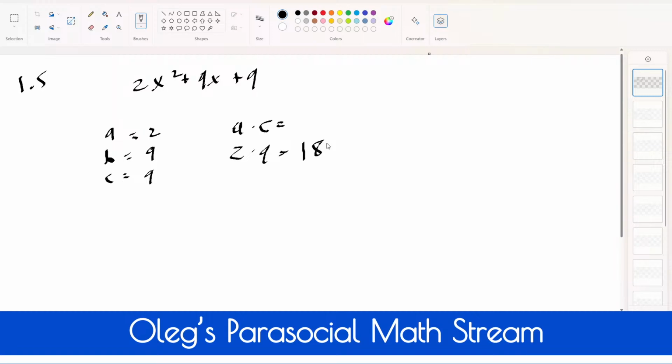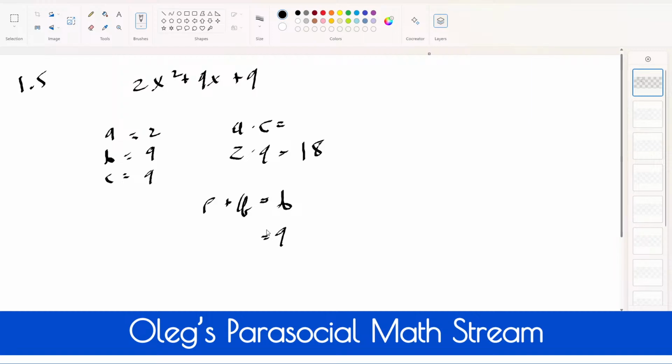Now the next part we're going to do, we're going to find out what P plus Q gives us B, and B is 9. So we have 18, and then we want to know how to get that out of 9.